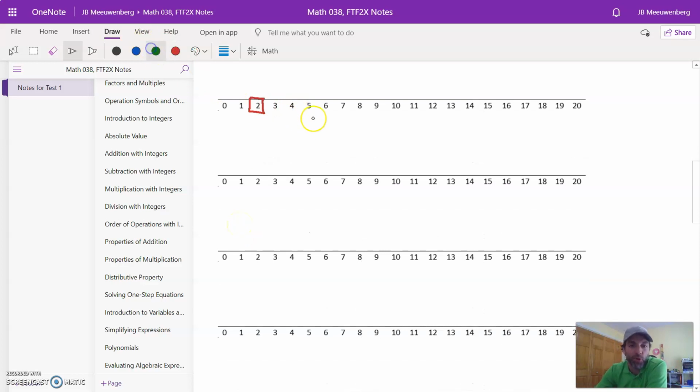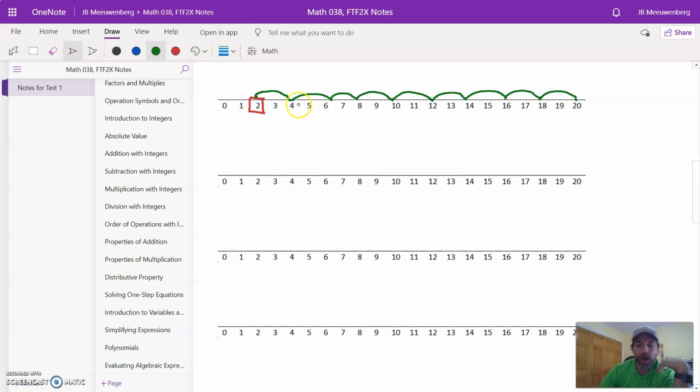And then if you look at multiples of 2, right? Let's jump count by 2. 2, 4, 6, 8, 10, 12, 14, 16, 18, 20. We're getting some good number sense by visualizing this. All of those numbers are composite numbers because by being a multiple of 2, they automatically have 2 as a factor.